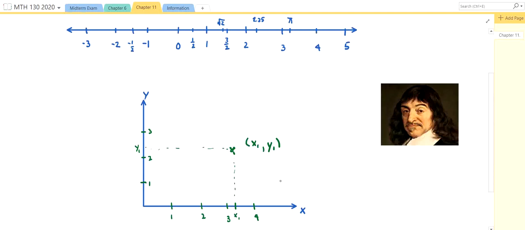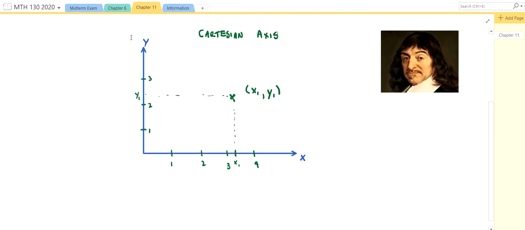And we call this a Cartesian axis system. So I'm only showing this axis system in what we call the first quadrant.